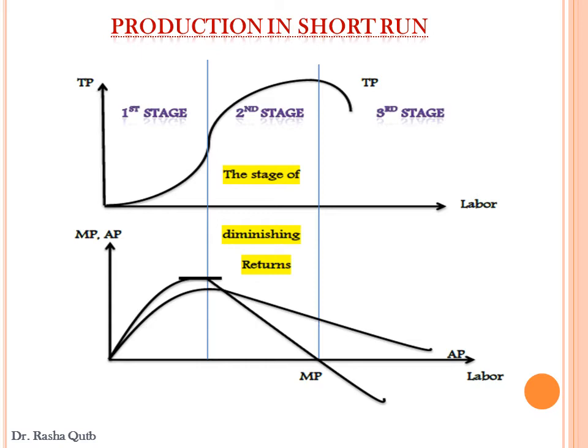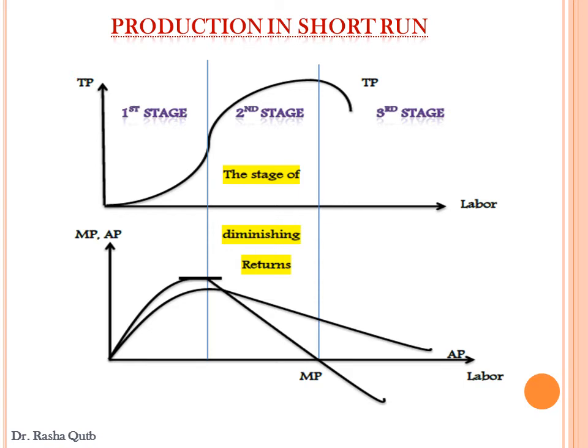In the second stage of the production process, as we add more units of the variable factor, which is labor, total product increases at a decreasing rate till it reaches its maximum at the end of the second stage. Marginal product of labor starts to decrease till it reaches 0, and average product is increasing till it reaches its maximum at the point of its intersection with marginal product of labor, and then it starts to decline. But in the second stage, the marginal product of labor is less than the average product of labor.